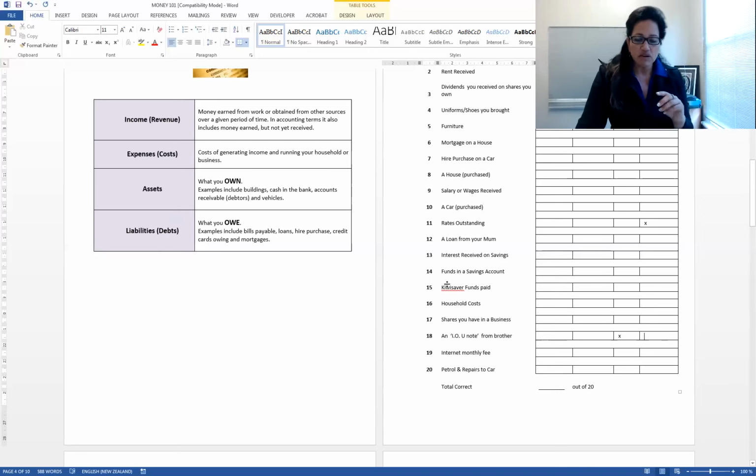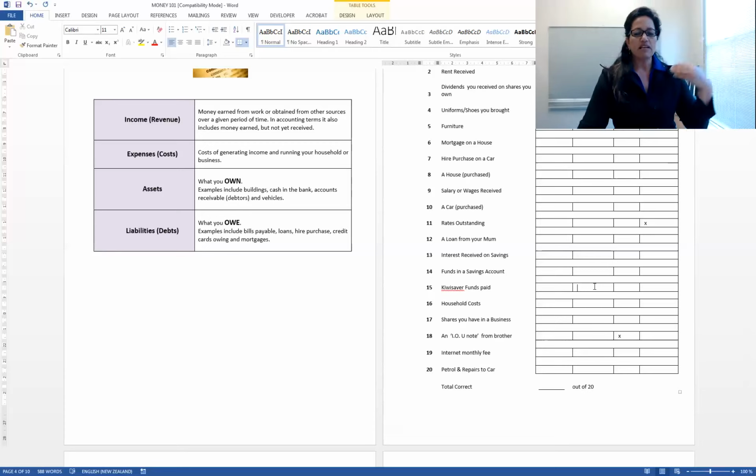So the one last thing I want to just confirm is this one about KiwiSaver funds and how we say it's paid. In this regard, we have to think about what it is we're talking about. As we all know, KiwiSaver money comes out of our wages or salaries, or we can put money aside for KiwiSaver funds.